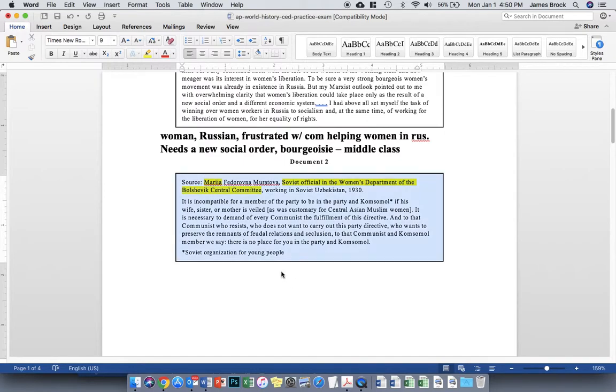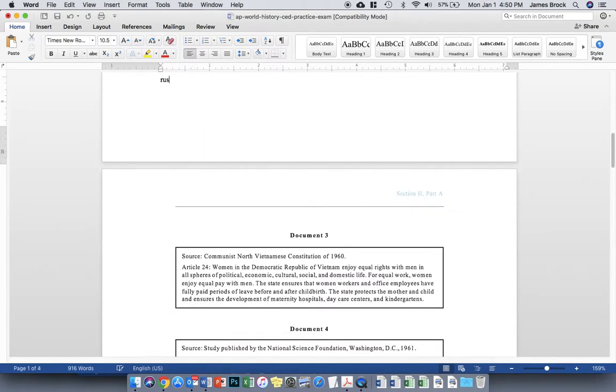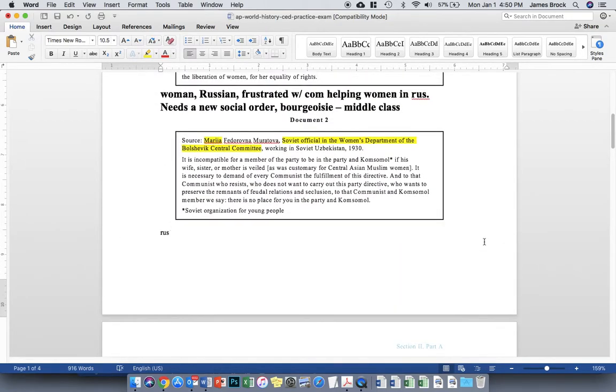All right, so what I'm taking out of this is that a Russian woman, well, let's not say Russian, let's say USSR, because we see she's in Uzbekistan, is speaking for a committee to stop veiling.